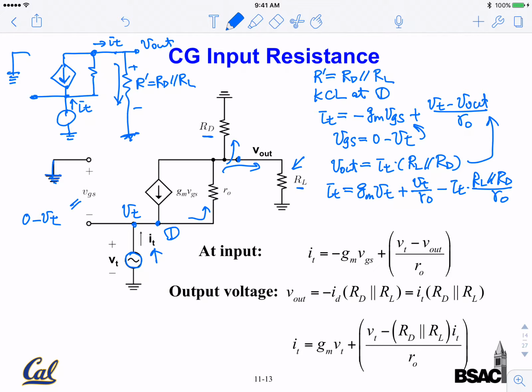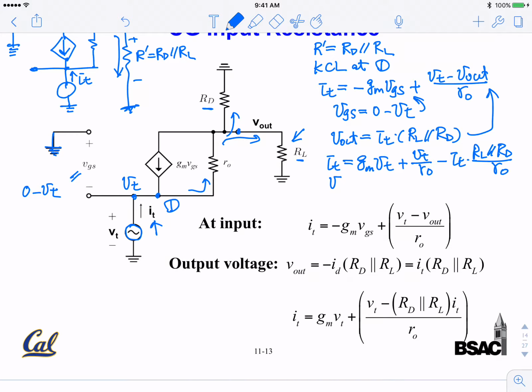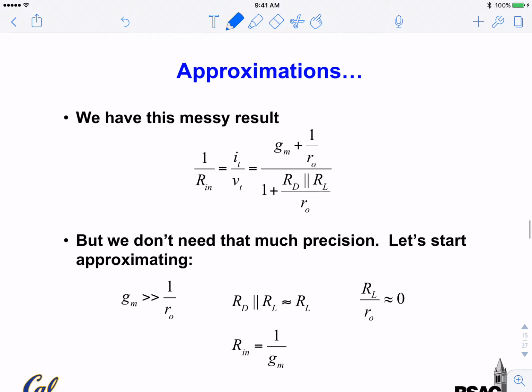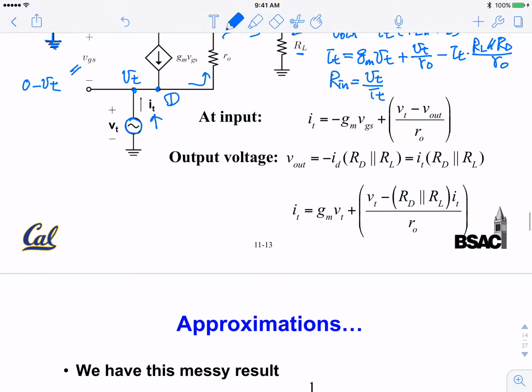So this equation has only IT and VT. R in is equal to VT divided by IT. The equation may be complicated, but you can solve it. Let's write it here.